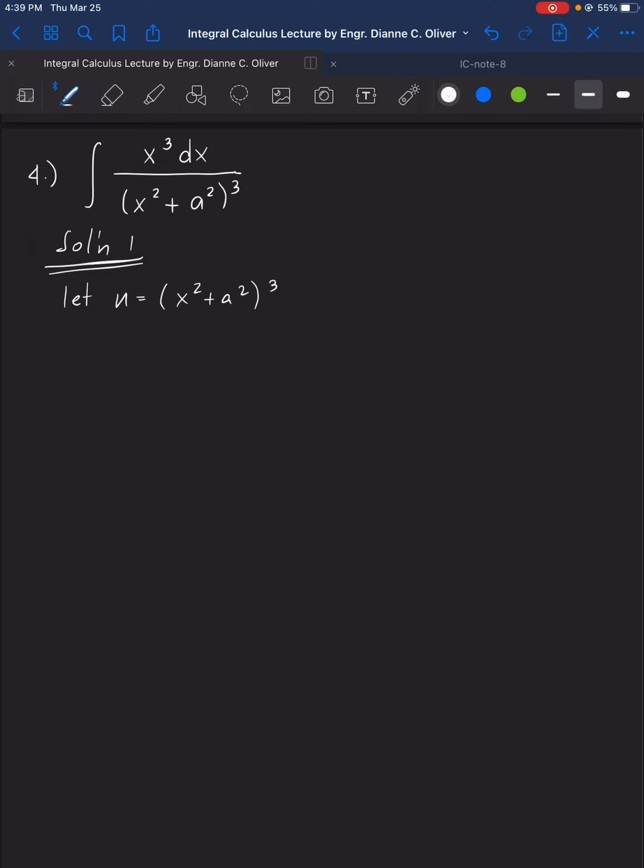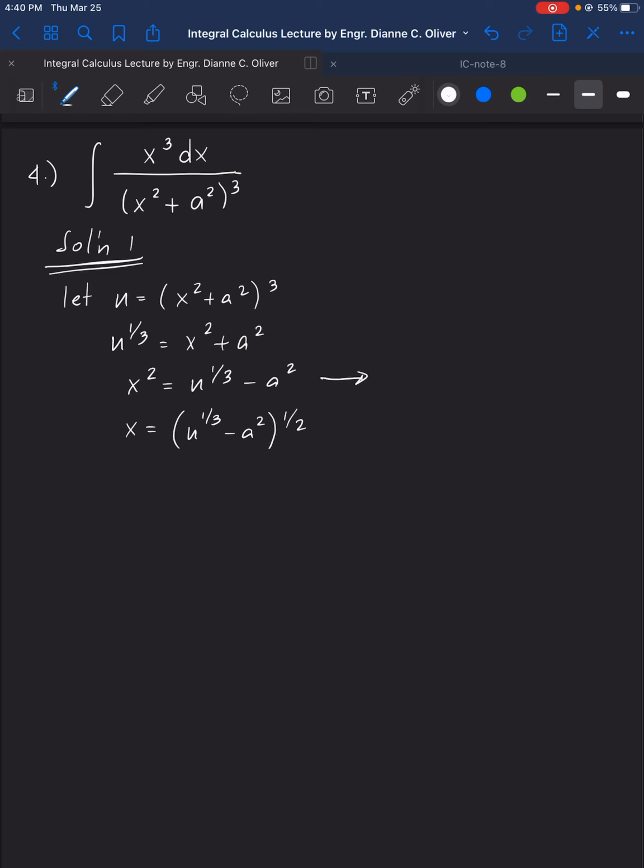So it becomes u raised to 1/3 is equal to x squared plus a squared. Then x squared is equal to u raised to 1/3 plus, oh no, it's minus a squared. x now is equal to u raised to 1/3 minus a squared, raised to 1/2.